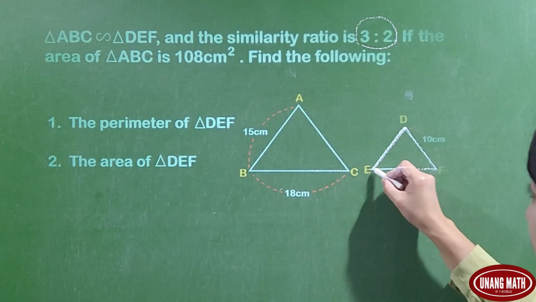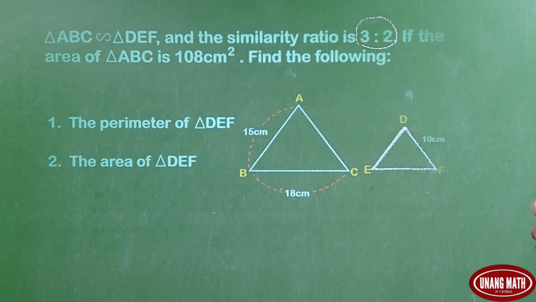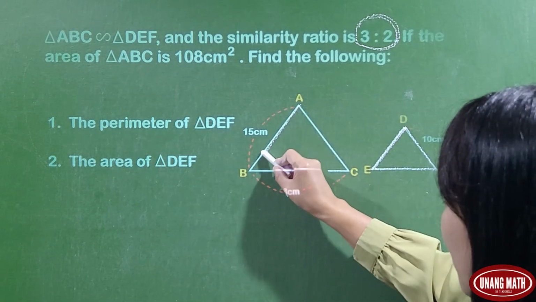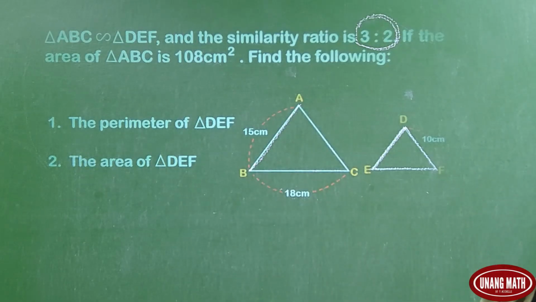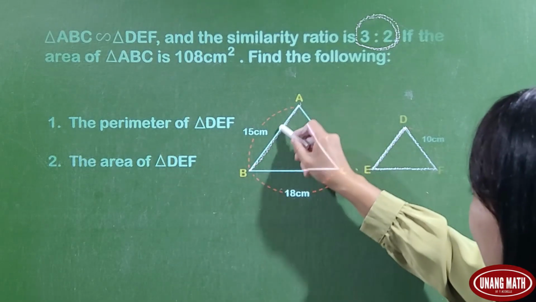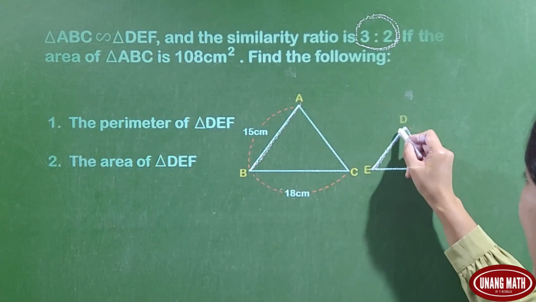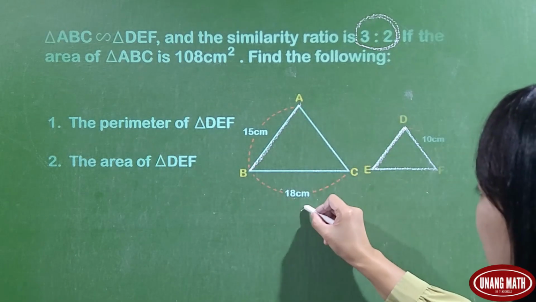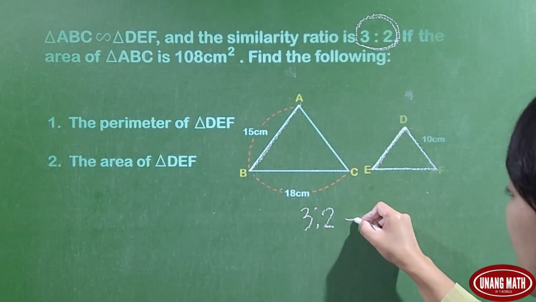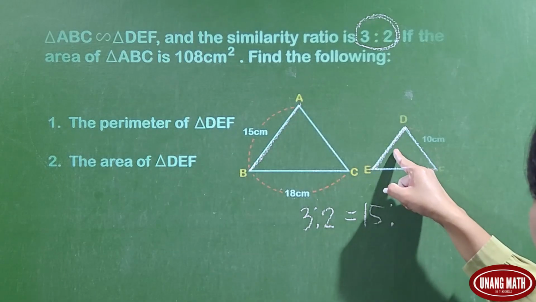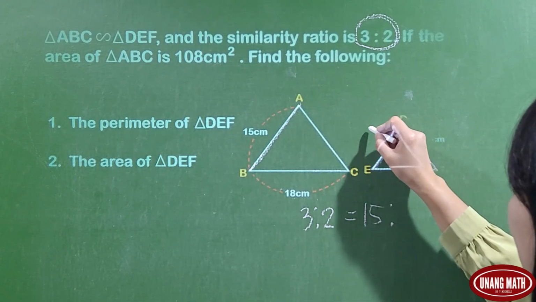Okay, to do that, we can make use of the similarity ratio and its corresponding side. So this side AB corresponds to this side DE. So the ratio is 3 is to 2. That would be equal to 15 is to, let's say this is x.